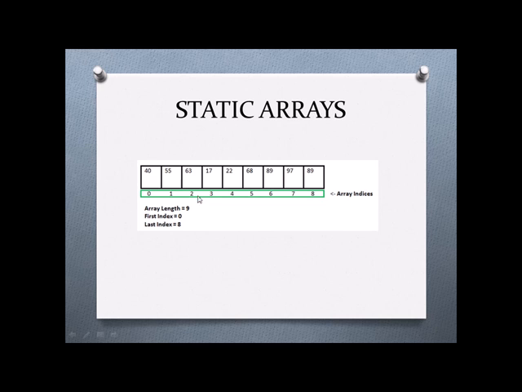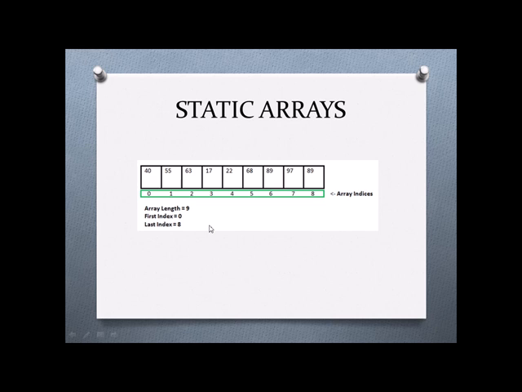For example, at position 0 you can find number 40, and at position 6 you can find number 89. Remember that in arrays the first position is always 0. This is the major thing in arrays.